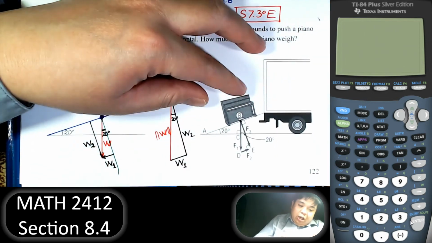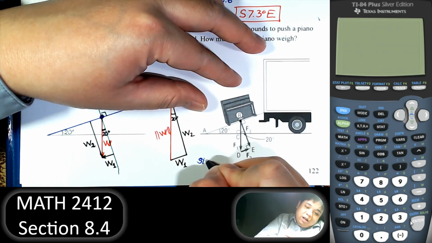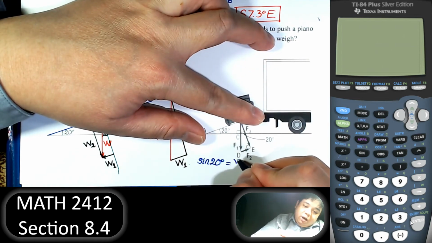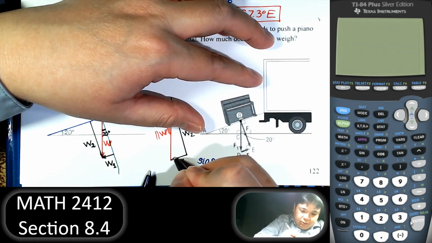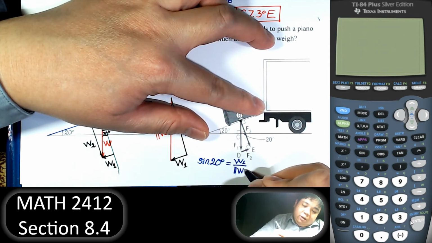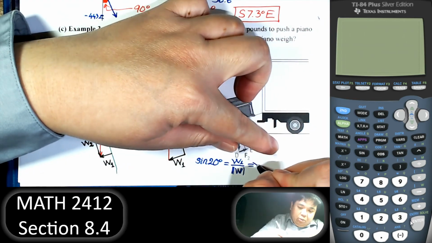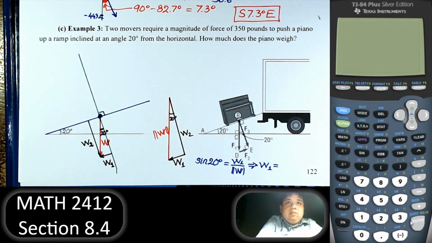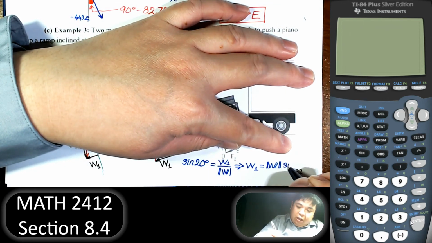So the magnitude W. We say opposite over hypotenuse will give sine of 20 degrees is equal to opposite, W1, the component, divided by the magnitude W. So if we solve for W1, we have the magnitude of W times sine of 20 degrees.